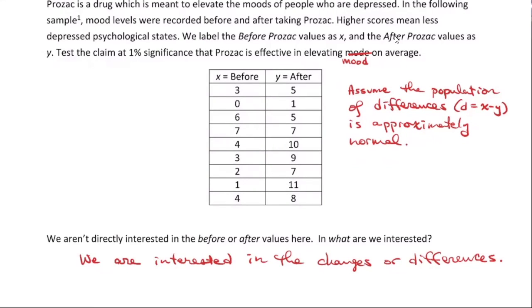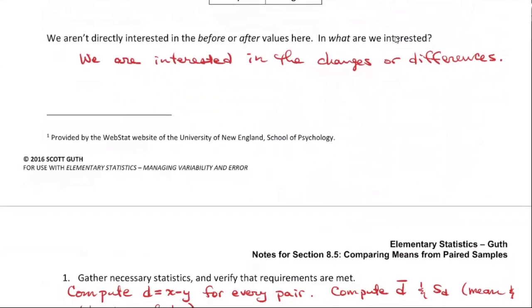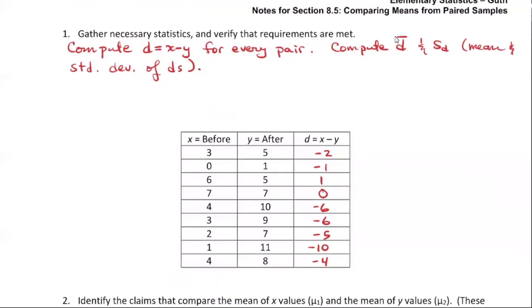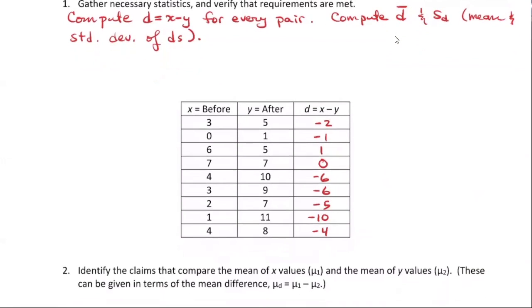So technically speaking, I need to tell you when the sample sizes are small, I need to tell you that the differences are normal. The solution to that weird situation is the sample sizes probably should be bigger than 30. But it's in our book, most of these are small sample sizes just because it's so much work to do large sample sizes. You have to do all these computations on this one.